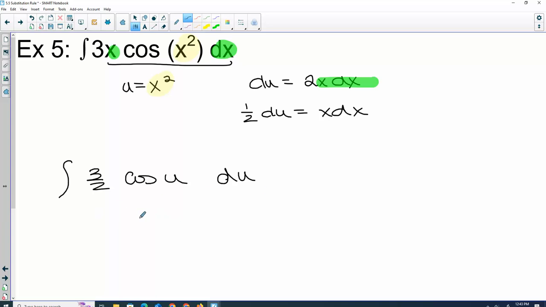Okay, what is the antiderivative of cosine? Sine. And then my final answer, 3 halves times sine of x squared plus C.